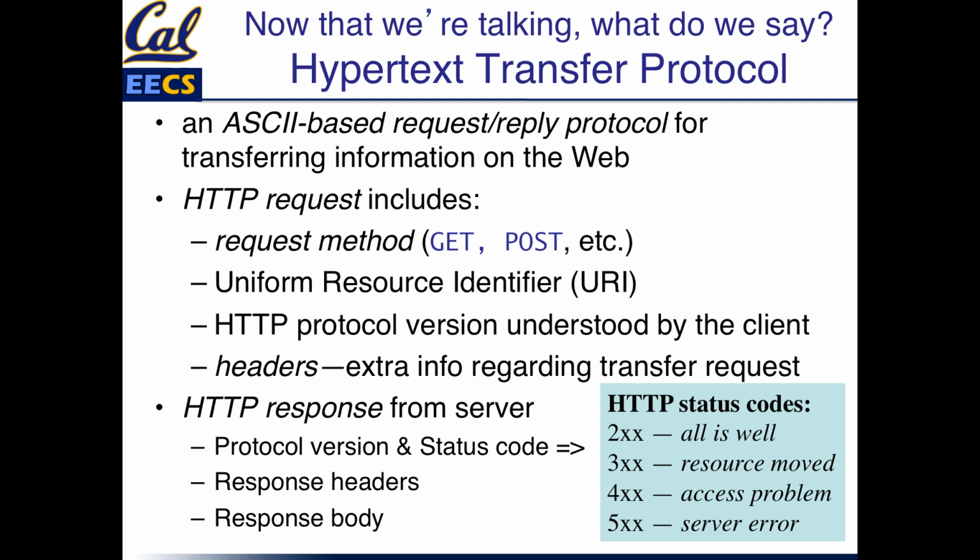An HTTP request is very simple. There's a request method. GET and POST are the most common ones, but there's three or four others that you'll come to meet during the rest of the course. There's a URI. You've seen these before. The URI names the thing that you would like to retrieve. And the HTTP protocol version.